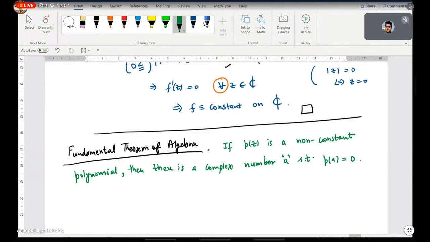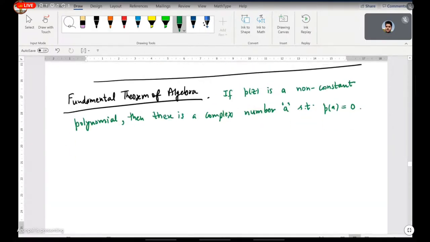It means this a will be a root of this polynomial. It means simply I am saying that every non-constant polynomial in z will have a root. Is this okay, class? Yes, sir.